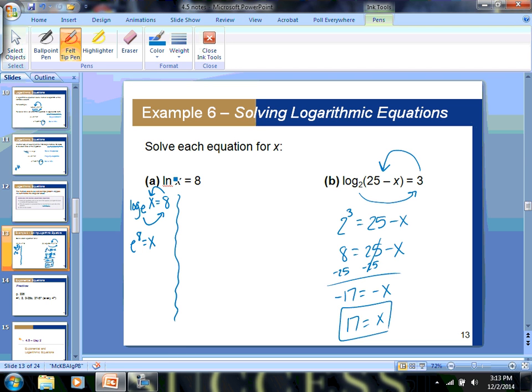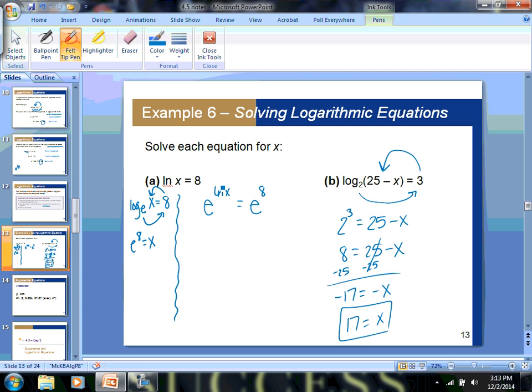The other way is to raise the base of both sides. Now the base on a natural log is e. So you want to take e to the natural log of x equals e to the 8th. So whatever's going to cancel out that log, whatever that base is, you make that the base, and then you make the original part of the problem the exponent.